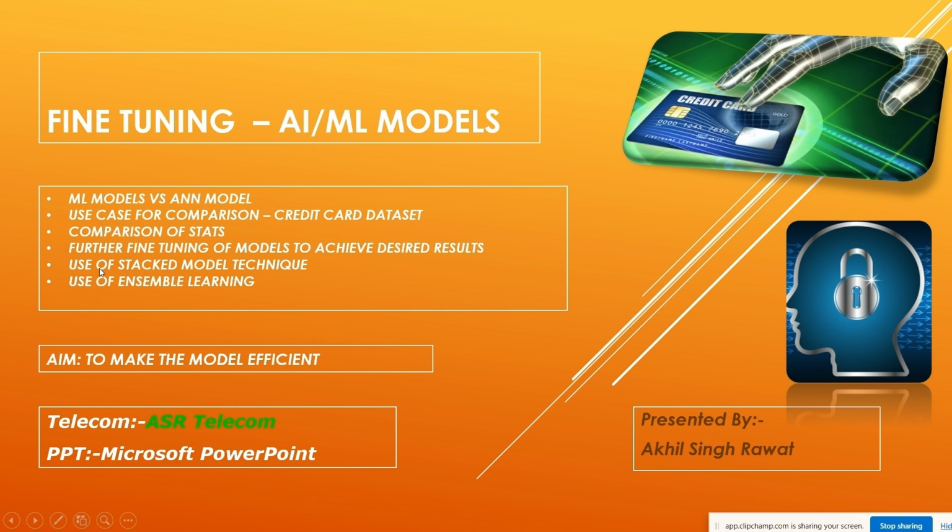Even the use of the stacked model technique will be shown, that is, using multiple different models to get the desired result. And lastly, we will use ensemble learning also. All these points will be discussed to get the desired result as per our business problem.